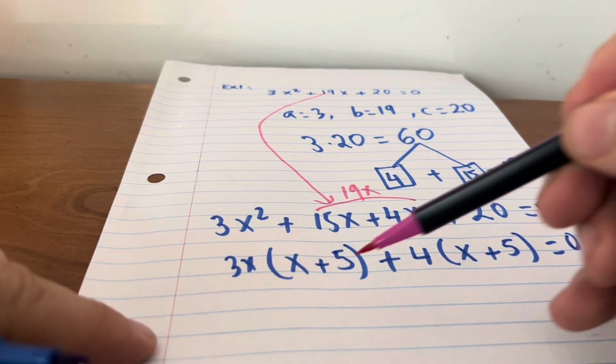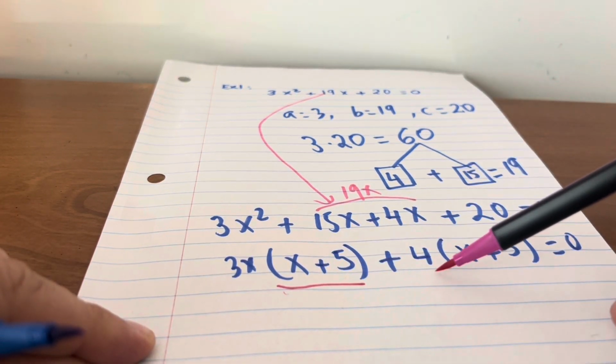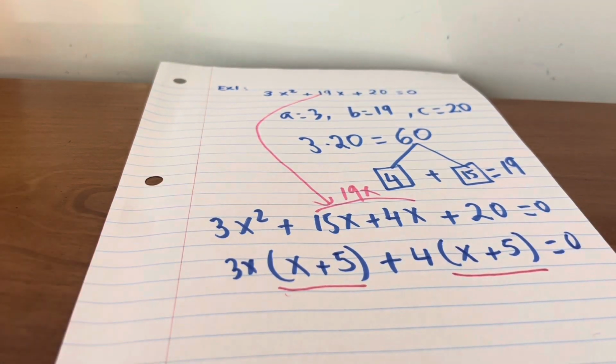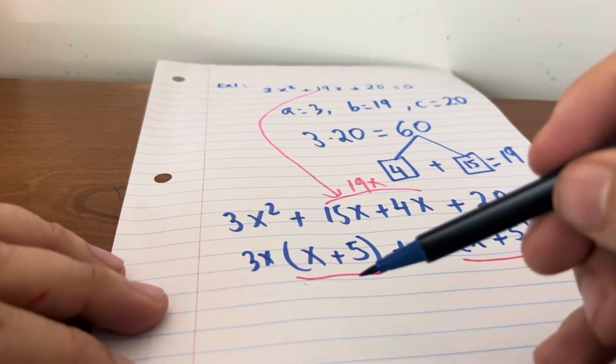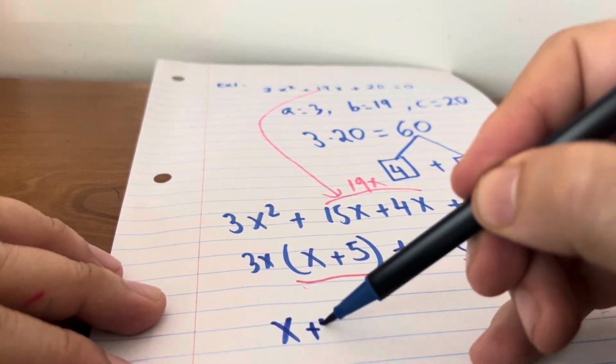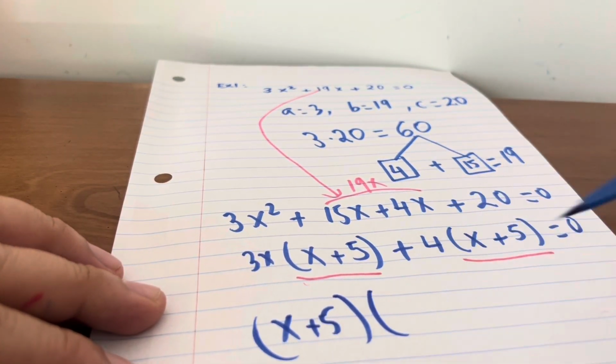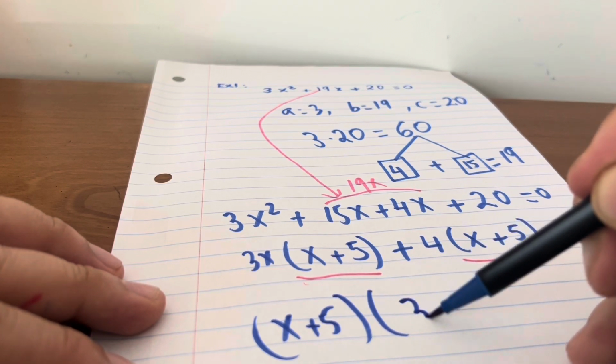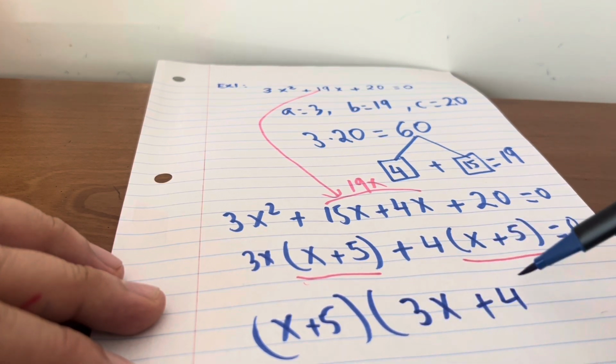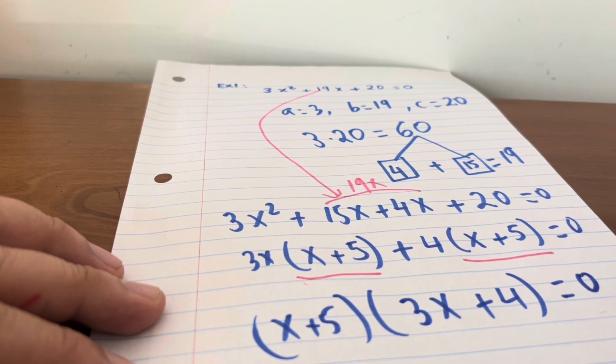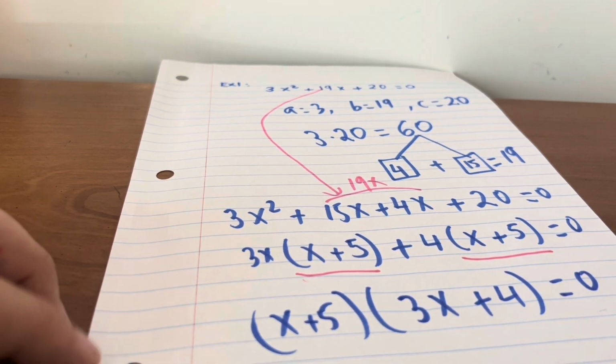As you see here, we have a new common factor: x plus 5. We're going to put x plus 5 as a factor, times 3x plus 4 equal to 0. So we're done with the factoring.